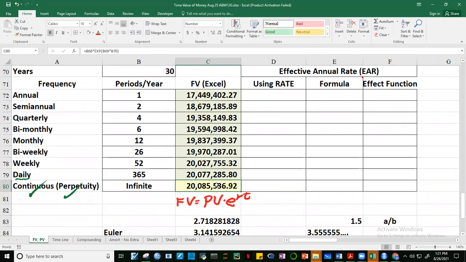And of course, we expect that this should be greater than daily compounding. See, continuous compounding, guys, is also called perpetuity. And the way to compute your future value is PV times e to the rt. As expected, as I said, guys, it has a bigger future value compared to daily, even weekly compounding.